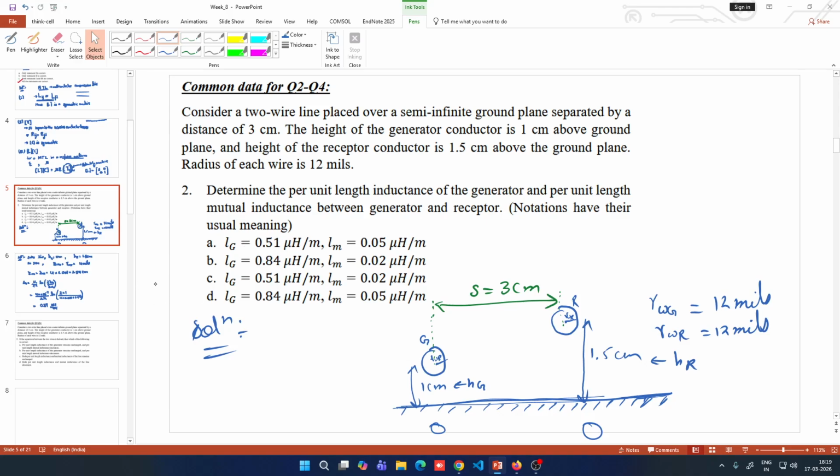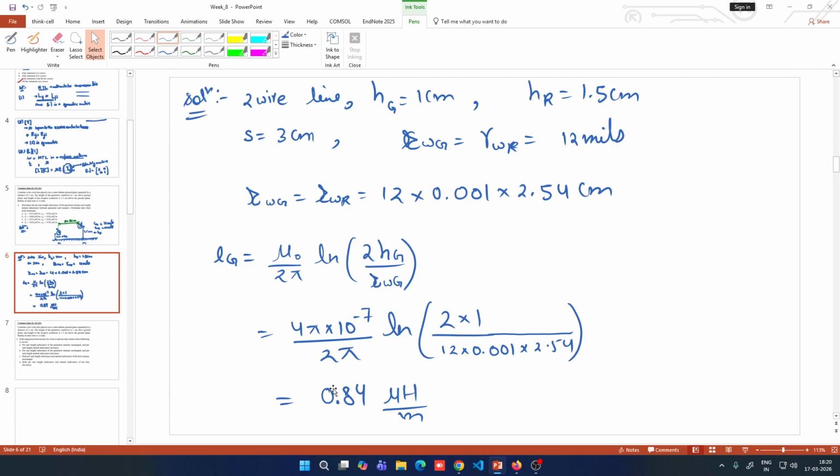So it's always better to solve the problems as much as you can, at least solve all the assignment problems. I think if you solve all the assignment problems before the exam, they will be sufficient, and you can easily attempt all the exam problems. So it's a good idea to at least solve the assignment problems. So the answer comes out to be 0.84 microhenry per meter.